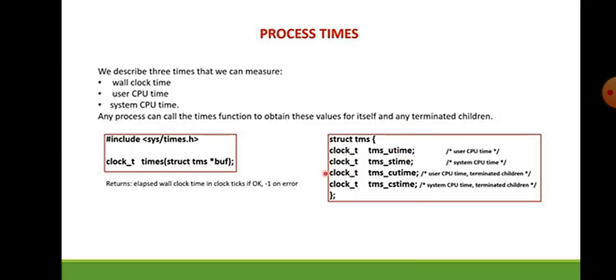As you can see here, we have user CPU time, system CPU time, user CPU time for the terminated children, and system CPU time for the terminated children. Okay. So this is about the process times. And by using the times function, we can obtain the elapsed clock time in clock ticks.